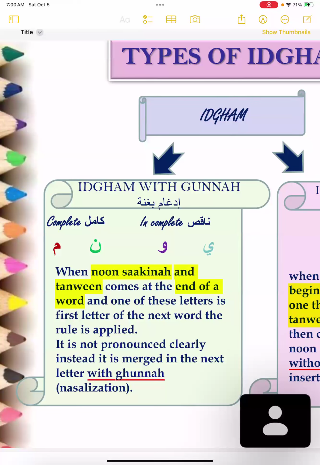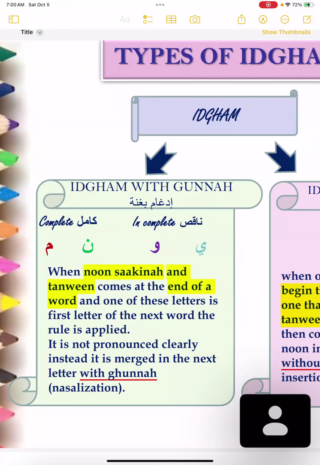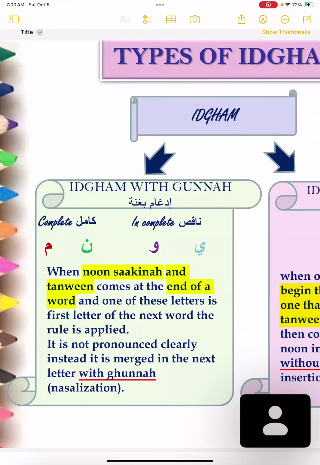When Noon Sakin or Tanween is followed by Ya or Waw, this is a Naqis Ghunna. All these 4 letters come under Idgham with Ghunna. Keep in mind these are all Idghams that happen with Ghunna, but for Noon and Mim there is complete Ghunna, and for Ya and Waw there is Naqis Ghunna. I'll explain it to you when we look at the examples.